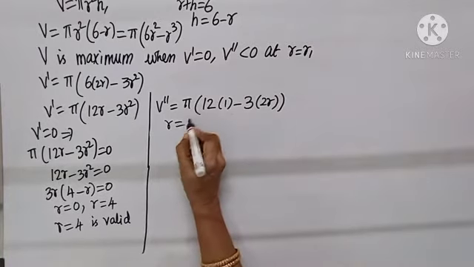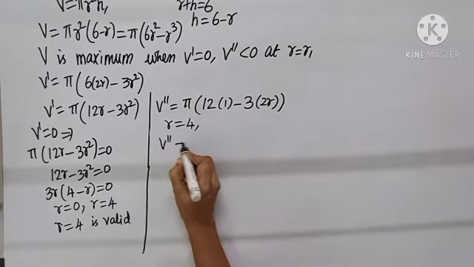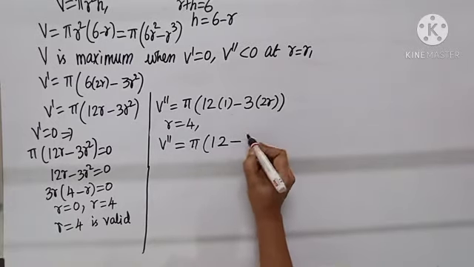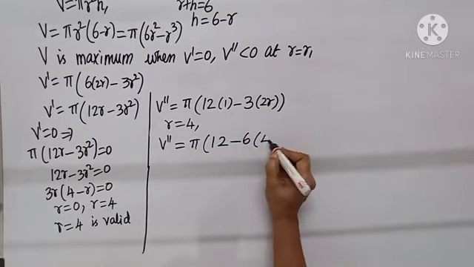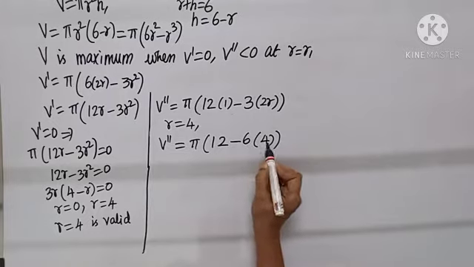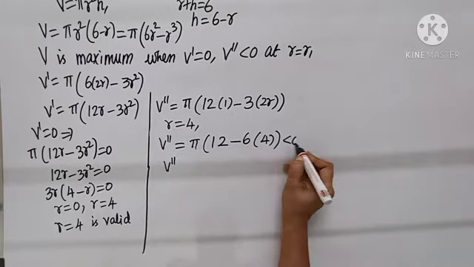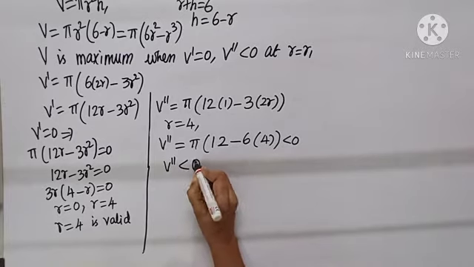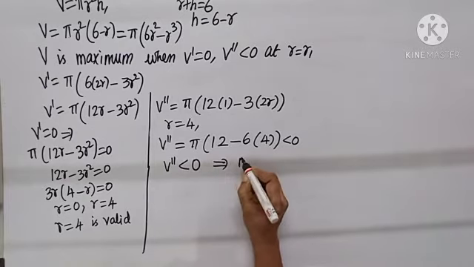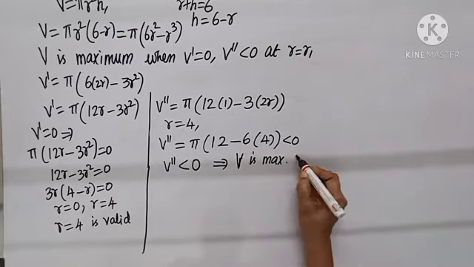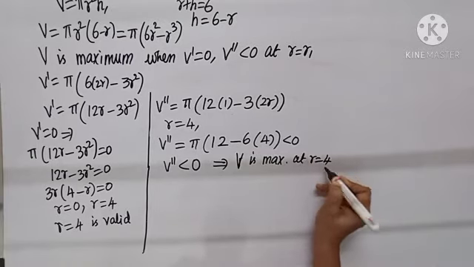When r is equal to 4, V double dash equals pi into (12 minus 3 twos are 6 into r value 4, that is 24). 12 minus 24 is less than 0. So we say V double dash less than 0 implies V is maximum when r equals 4.